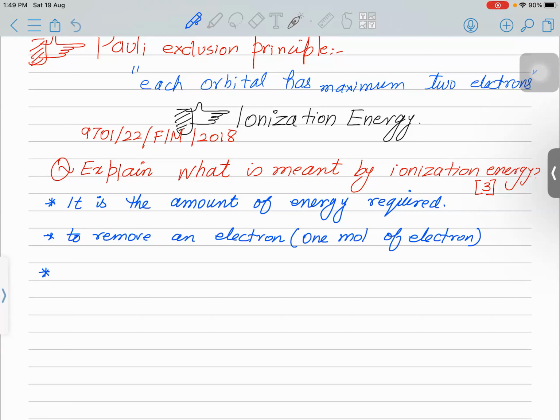Point number 3, from a gaseous atom to form a gaseous plus 1 ion. What does it mean?